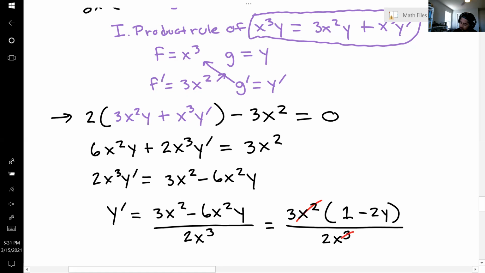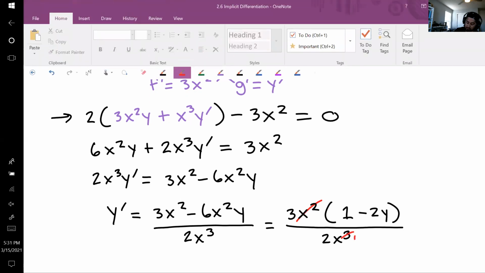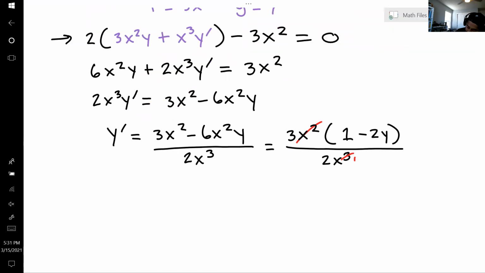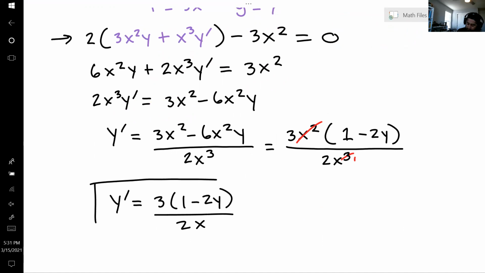This x cubed will reduce to x to the first, which means that we'll get our final answer of y prime equal to 3 times 1 minus 2y over 2x. There we go.